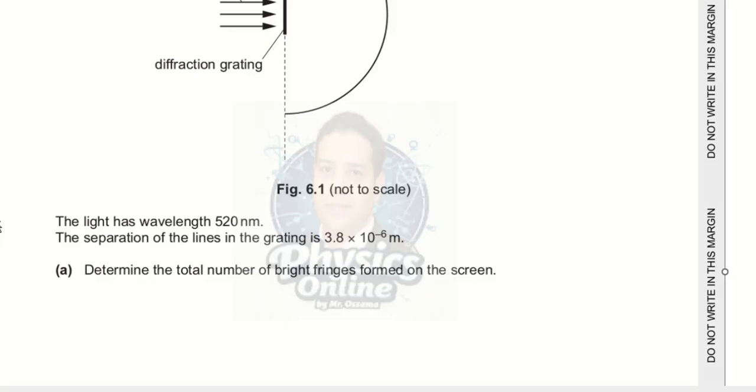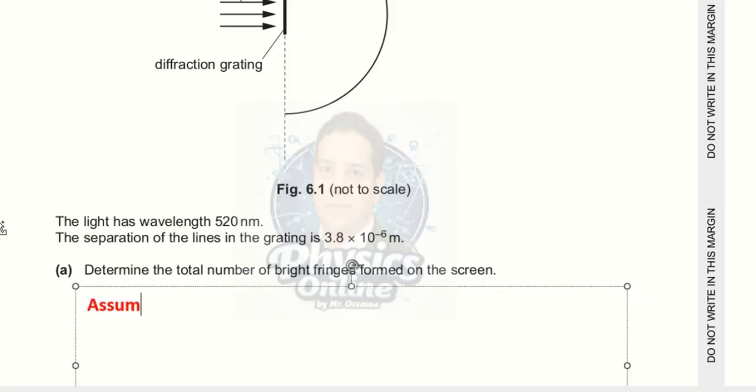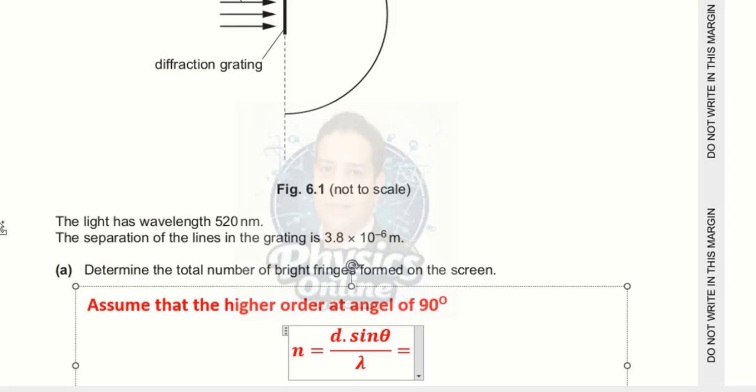We don't know how many orders, so we'll assume the highest order is at an angle of 90 degrees. Of course, it will be less than 90, but we'll assume that. So n equals d sine theta over lambda.